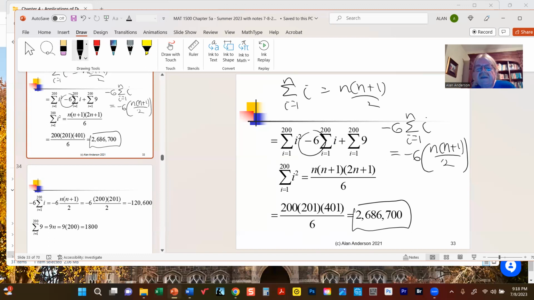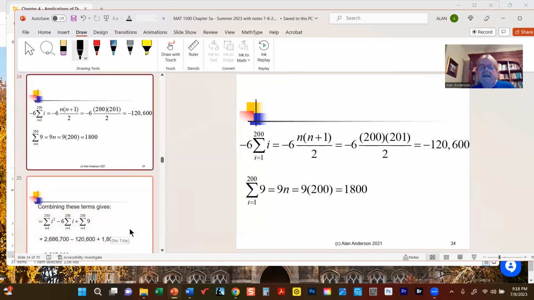So whatever that turns out to be, that is the value of the second sum. So we see that on the next slide. And again, because n is 200, we've got minus 120,000.